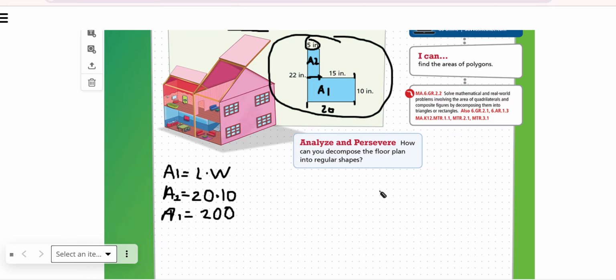So look at the rectangle on the top, and let's find the length and the width. So I know that on the top part I have a 5, and now I need from here to here. And from here to here, I don't know, but I know from here all the way to the bottom is 22.